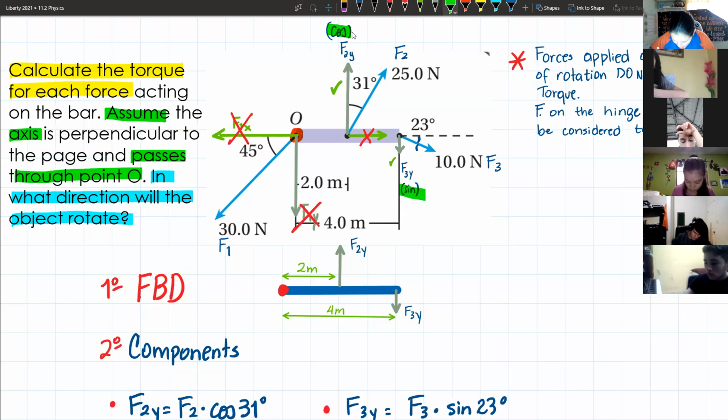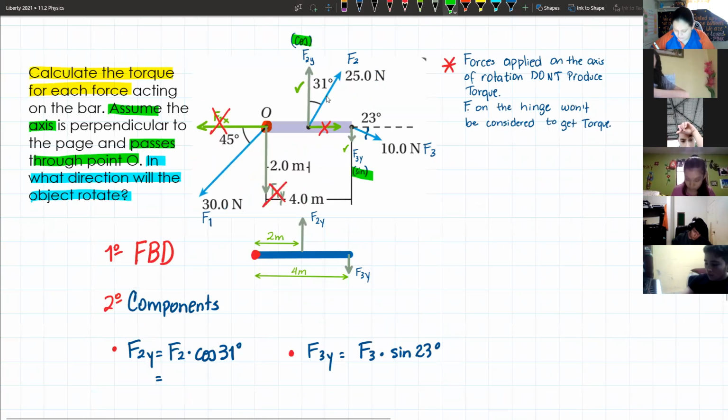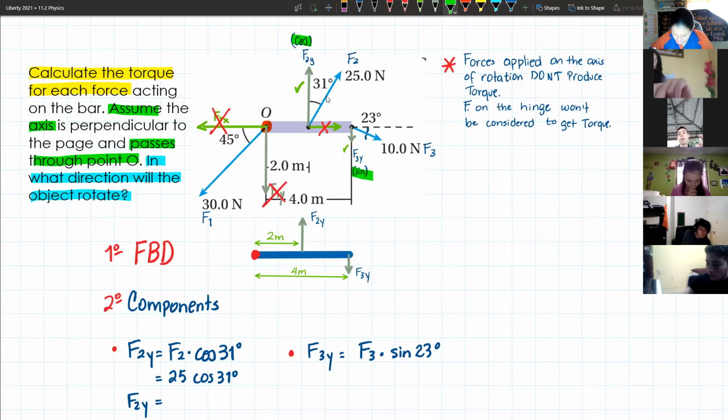So this is equal to F2. F2 is going to be equal to 25 cosine of 31. How much is this? 21.43.